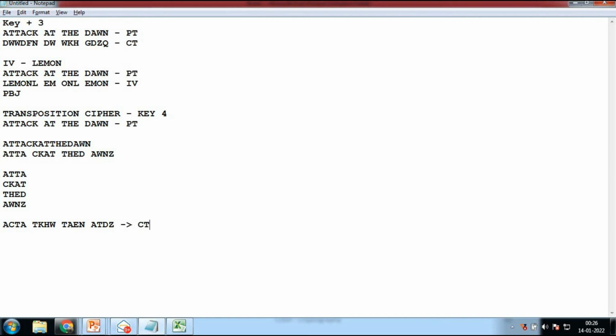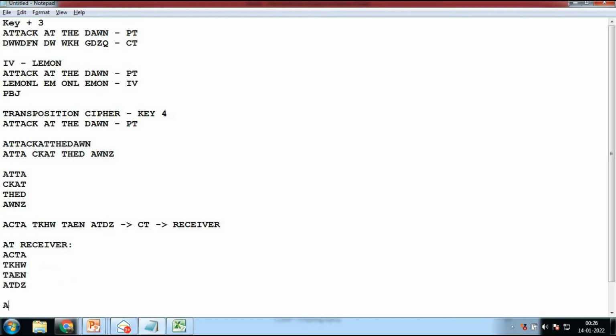This is my ciphertext. At the receiver, the receiver receives the message and converts rows to columns.